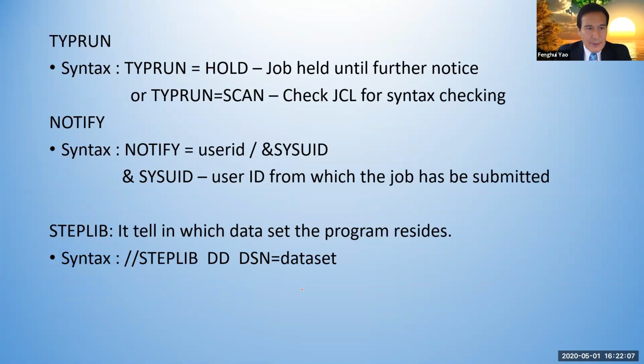And next is TYPRUN. Okay, TYPRUN, that's the syntax. TYPRUN can be HOLD. Hold means the job is held until further notice. Or it can equal SCAN. Scan means check the JCL for syntax. And then next is NOTIFY.